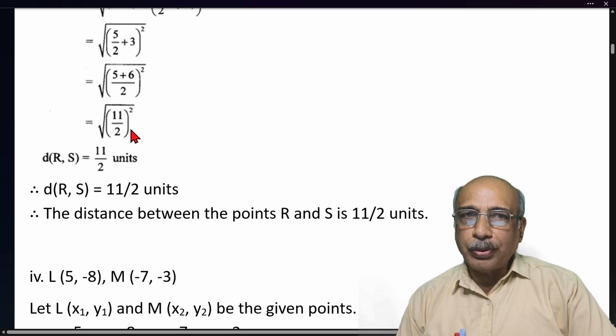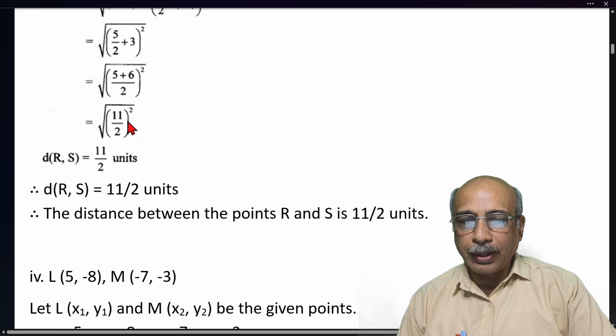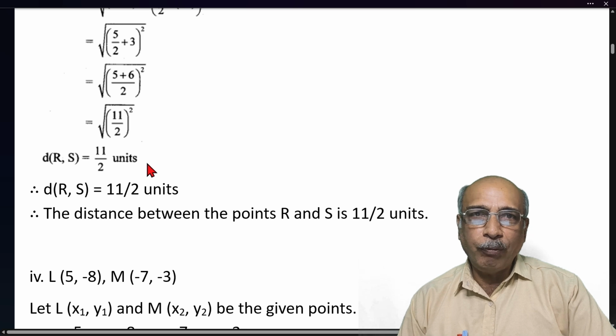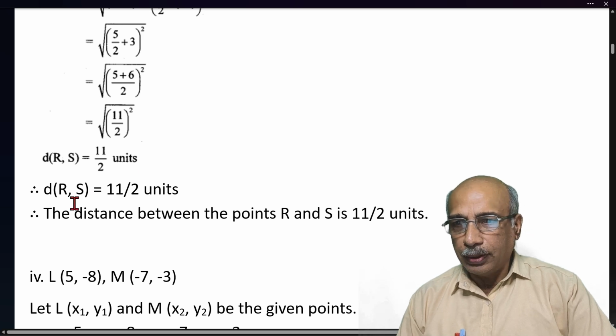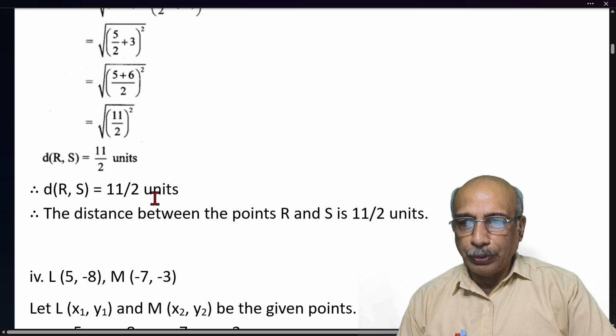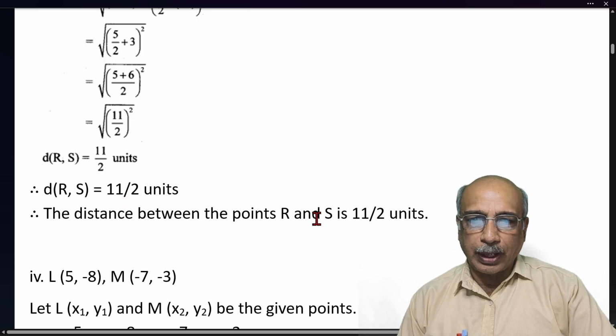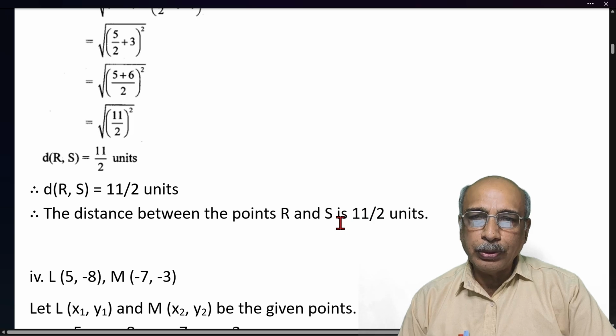Square root of any square number is the number itself. Therefore, here (11 by 2) square, its square root is taken. So the number itself, that is 11 by 2. So distance RS is 11 by 2 units. We can write 5.5 units also. Therefore, the distance between the points R and S is 11 by 2 units.